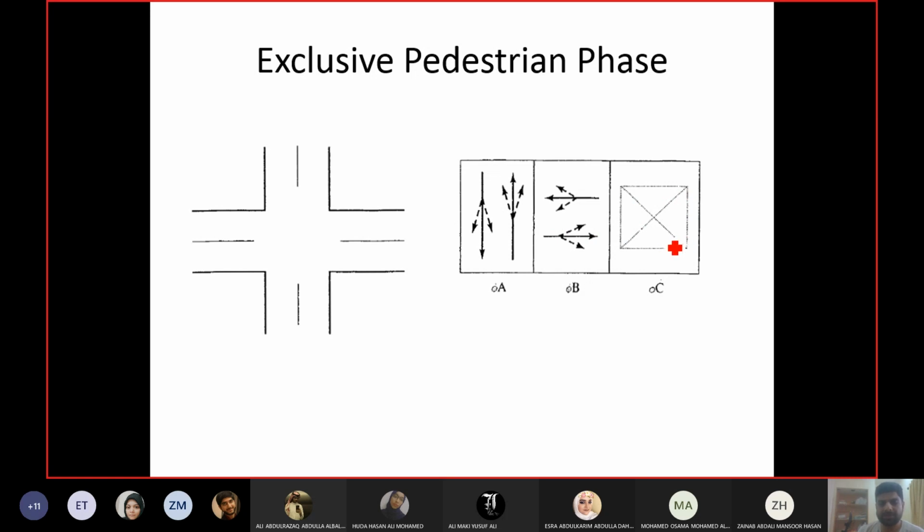I saw these phases in Belgium when I was there last year. They closed the whole intersection, so pedestrians can move in any direction in that one phase. Okay, so if you want to make a ring diagram out of this, then it will look like this. The first two phases we already know, right? I've shown you in the first example.